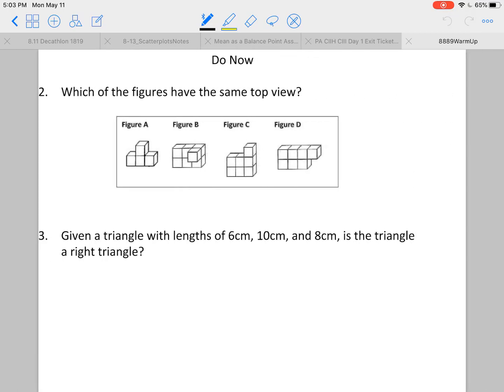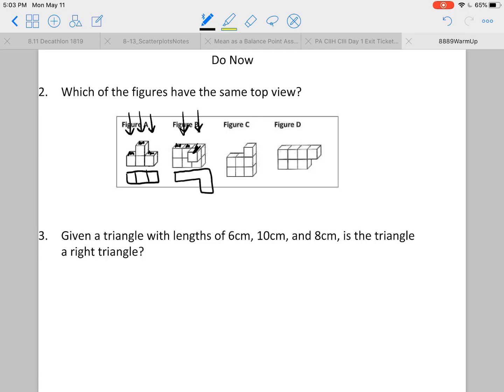Moving on to number 2, which of these figures have the same top view? So if I'm looking down at A, I'm going to see this face, and this face. So I'm just going to see 3 squares in a row. If I'm looking down at figure B, I'm going to see this, and these.